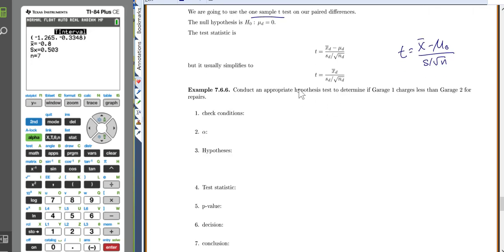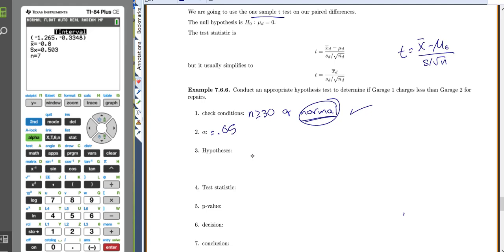So let's conduct a hypothesis test to see if garage 1 charges less than garage 2 for repairs. So check our conditions. We have to have n equal to 30 or normal. And we checked up above, our data looked normal, so we're good there. Alpha, I'll just use alpha equals 0.05. That's always our default if we don't know anything else.